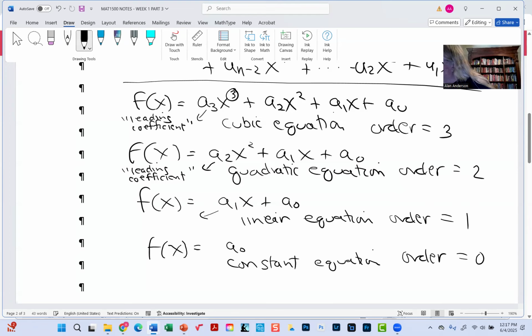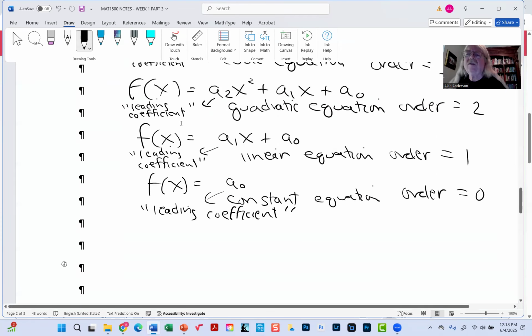It depends on what exactly we're trying to do. And here there's only one coefficient, so it gets to be the leading coefficient. Okay, great. Those are our best known examples of polynomials.